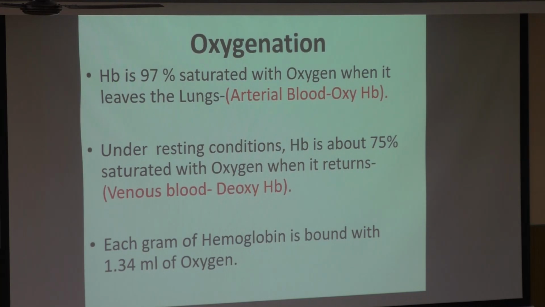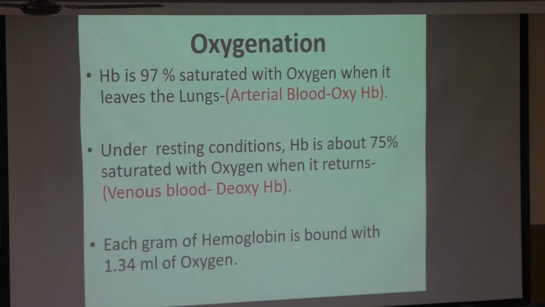Homotropic modulation means substrate and modulator are the same. Heterotropic means substrate and modulator are different. So here, oxygen binding to hemoglobin causes structural changes. That's why oxygen acts as a modulator and also as a substrate, if you consider it in the enzyme-substrate way.